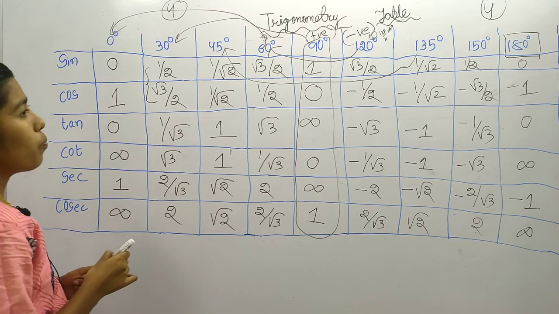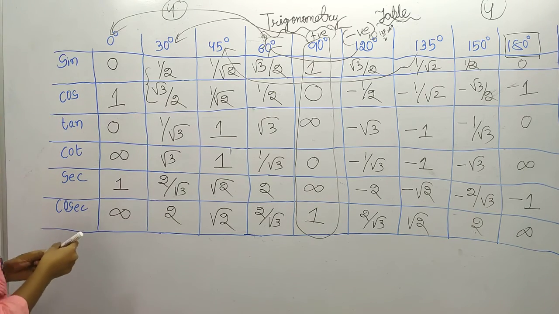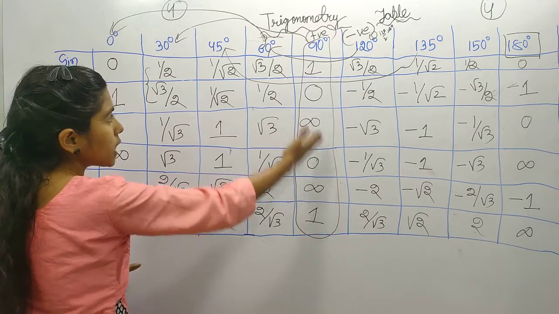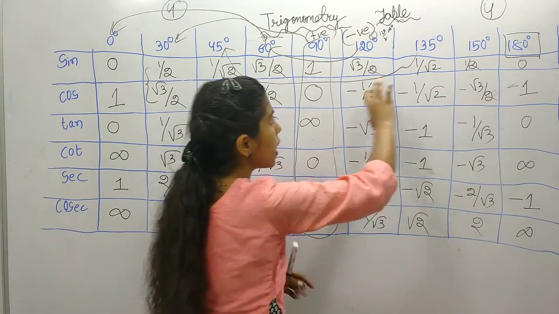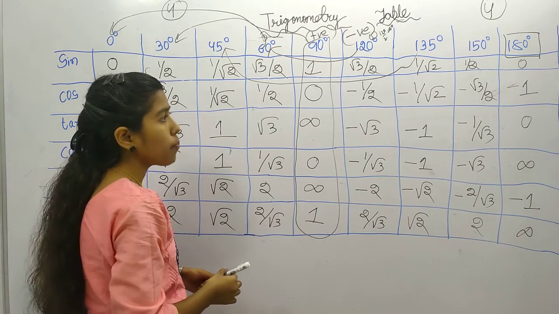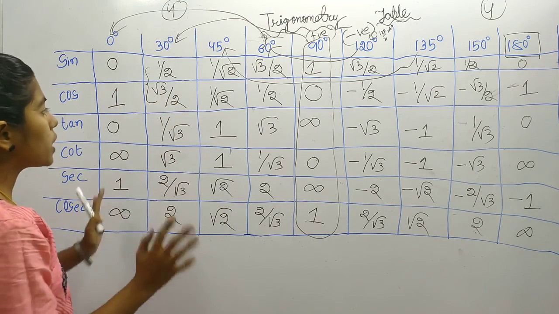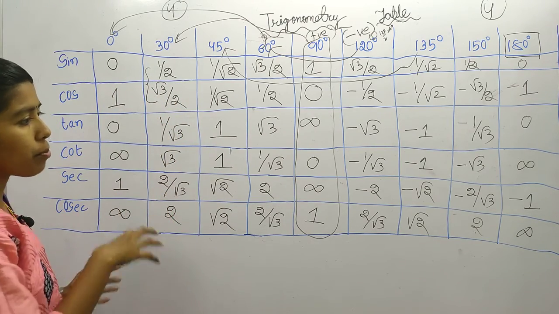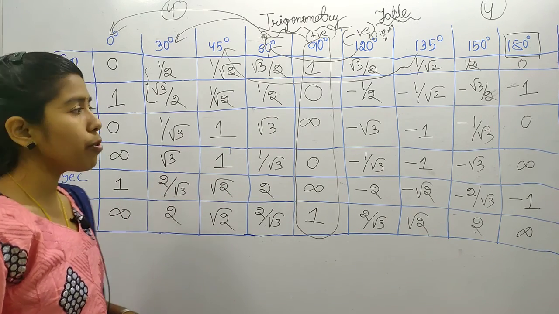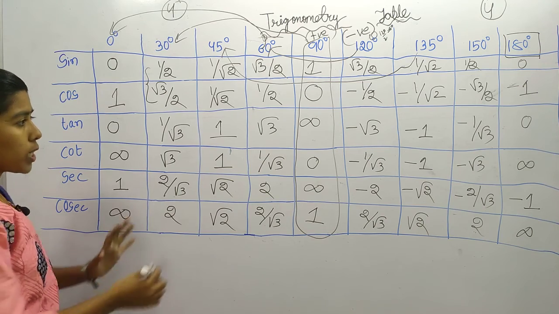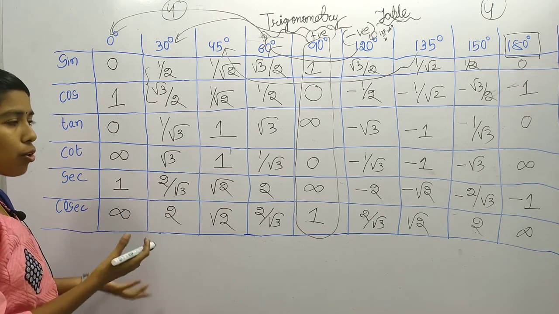So now up to 90 it is positive part. After 90 these 4 degrees will be negative part. Okay, so this is the complete trigonometry table. You have to remember like this. So in further class we will learn some questions based upon the trigonometry table.